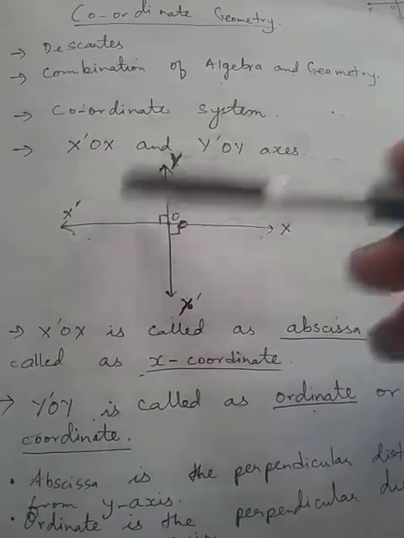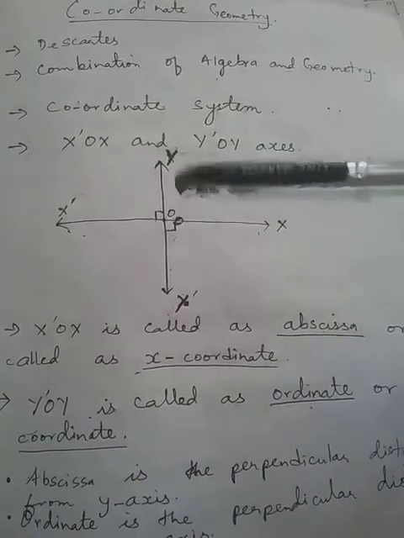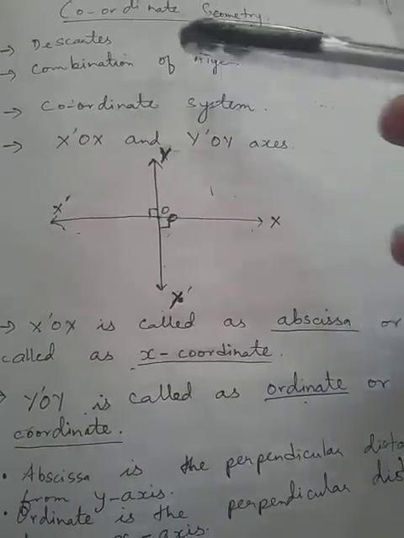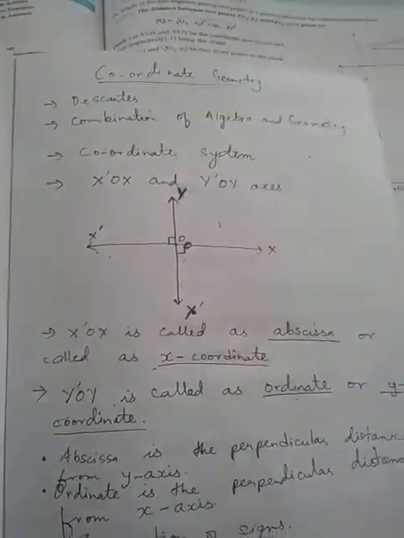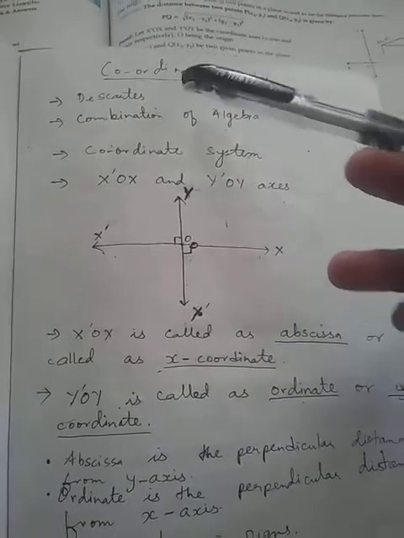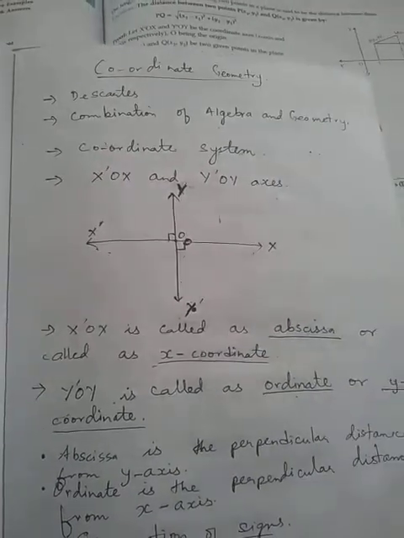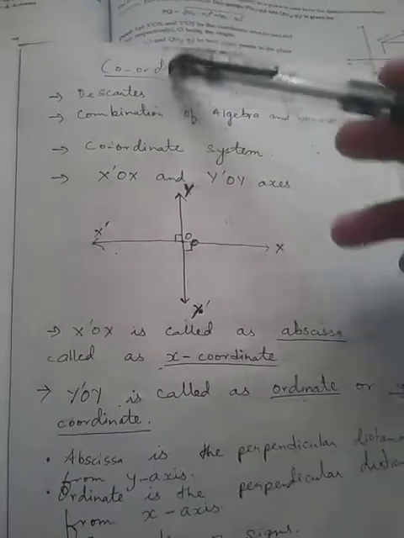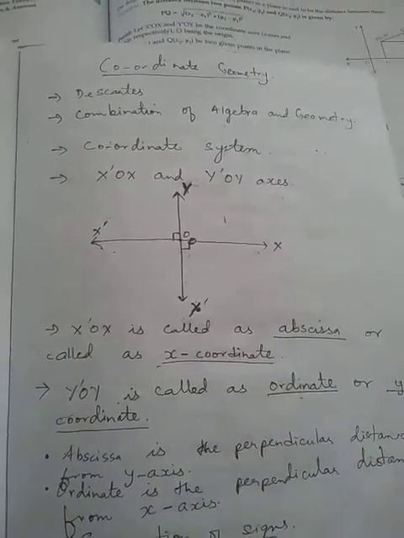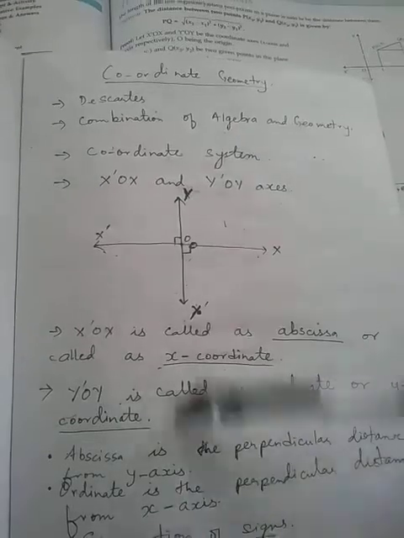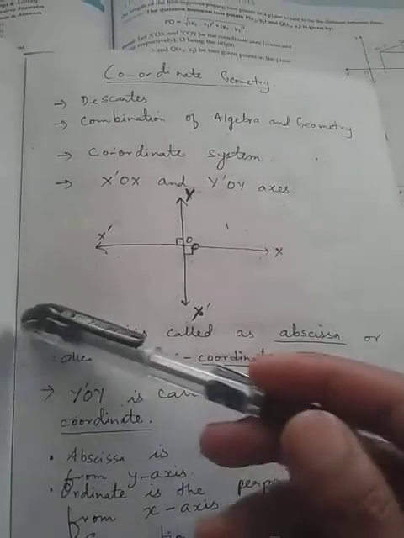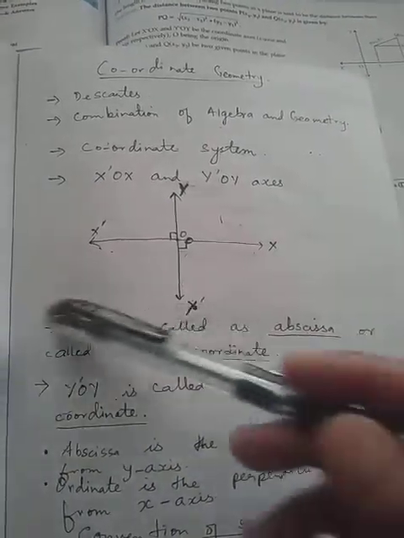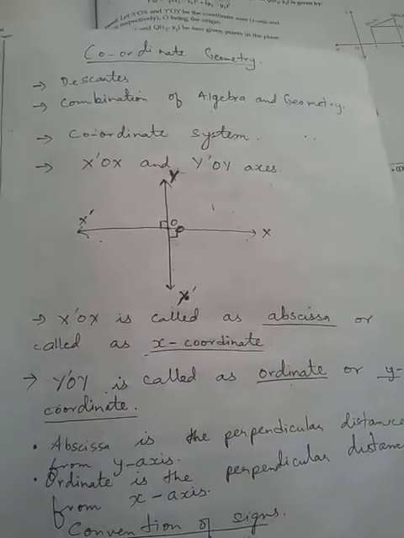If I divide this plane of paper into two halves, I will get one vertical half, and another I will get the horizontal half. So the vertical half will be this one, and if I divide this paper this way, this will be my horizontal half.